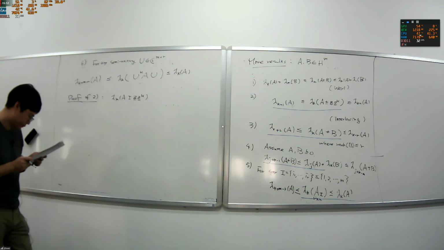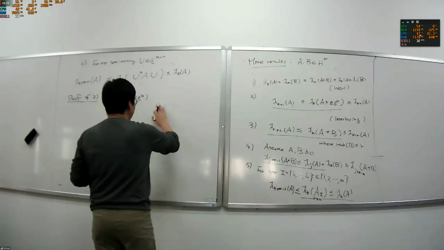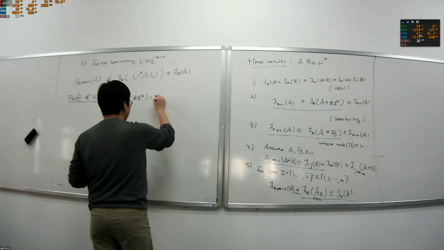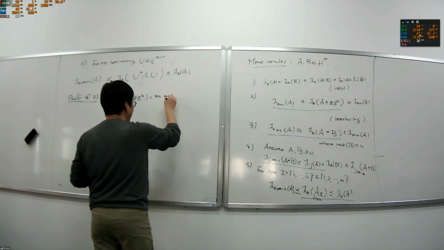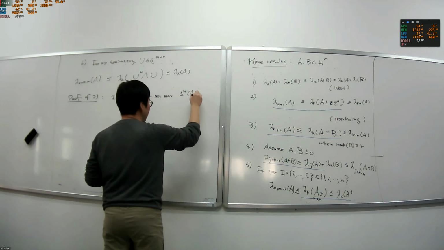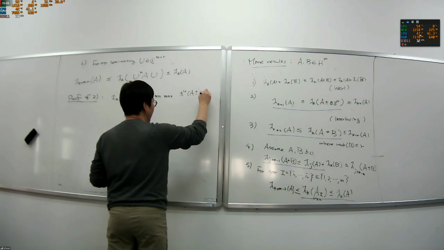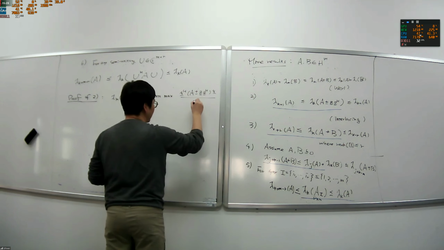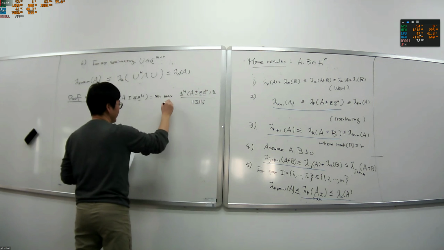Then by the Courant-Fischer theorem, this is the Rayleigh quotient.